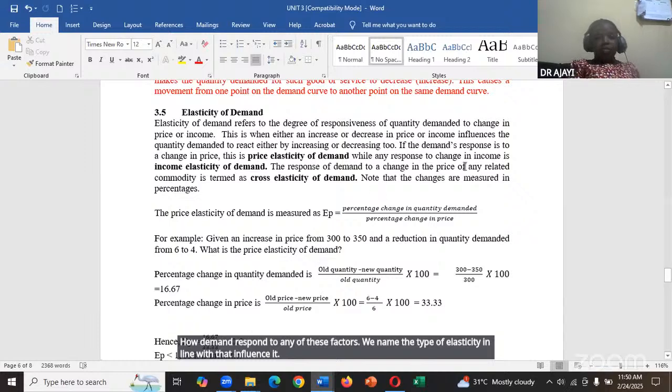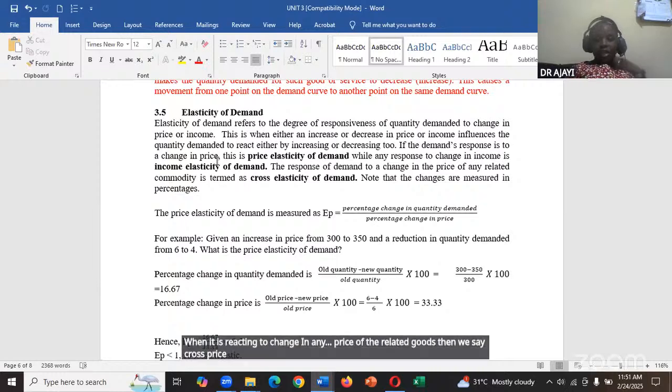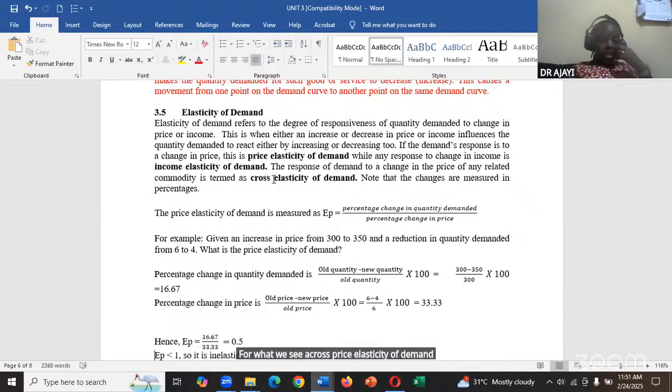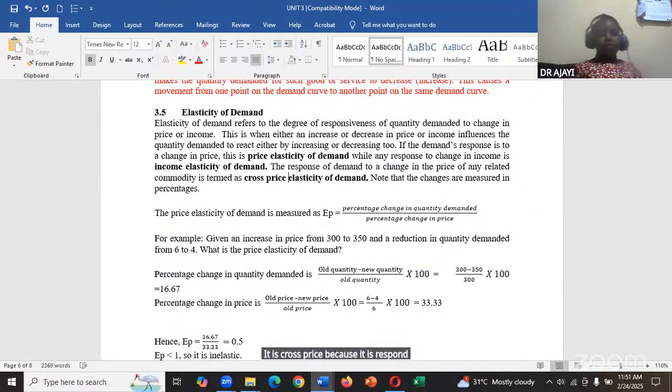For instance, when demand is responding to change in price, we say price elasticity. When it is reacting to change in income, we say income elasticity. And when it is reacting to change in the price of related goods, we say cross elasticity of demand, or cross price elasticity of demand. It is cross price because it is responding to change in the price of a related good.